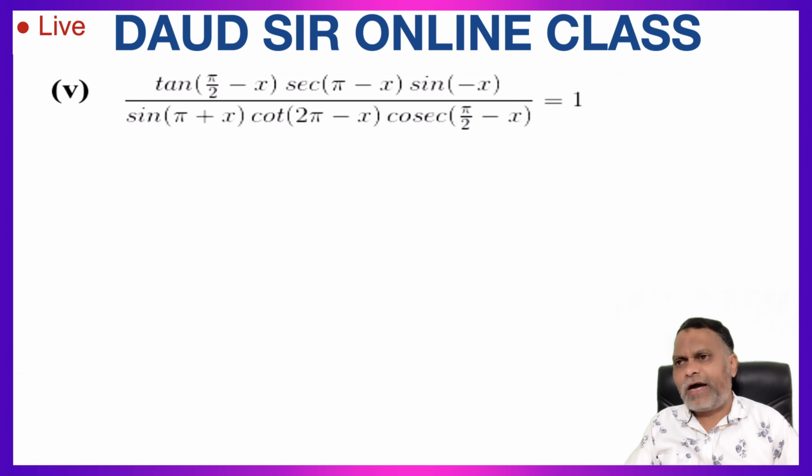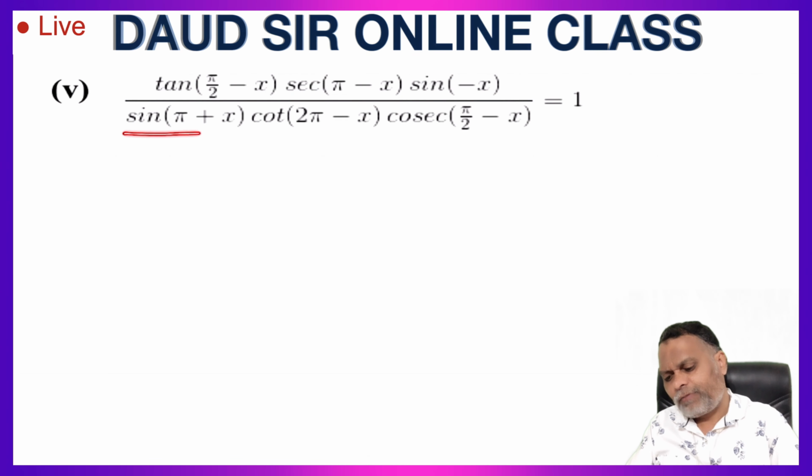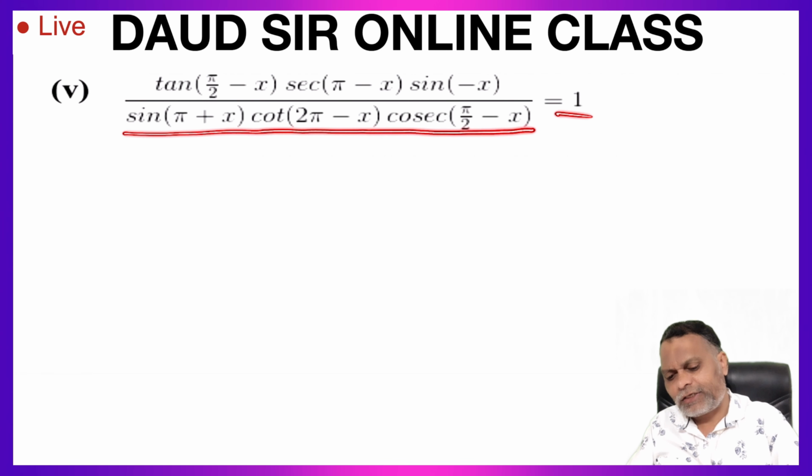Question number 3, last, 5th part. Prove that tan(pi by 2 minus x) into sec(pi minus x) into sin(minus x) upon sin(pi plus x) into cot(2 pi minus x) into cosec(pi by 2 minus x) is equal to 1.